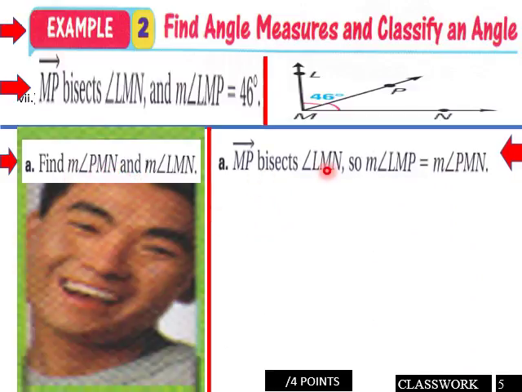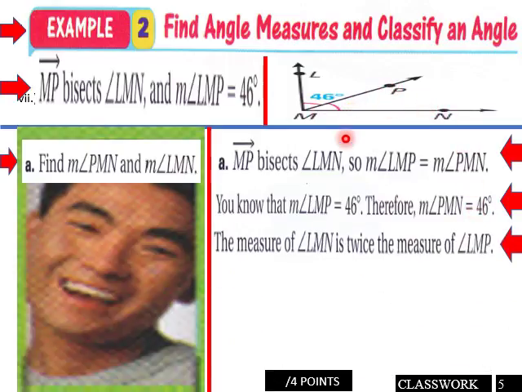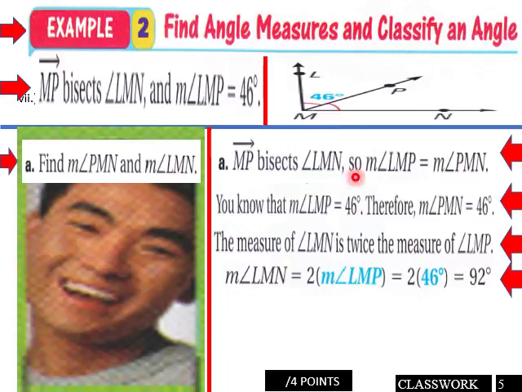Okay, MP bisects LMN, so LMP equals the measure of PMN, right? PMN equals this one over here. So you know that LMP is 46, therefore PMN is 46 too. And then LMN, this angle here, is twice this.